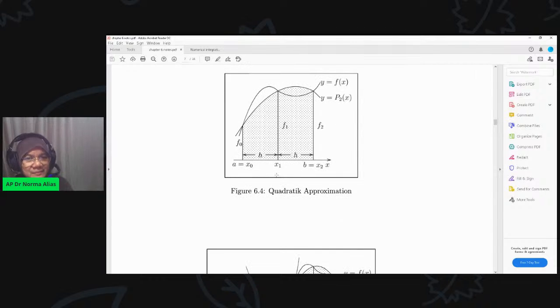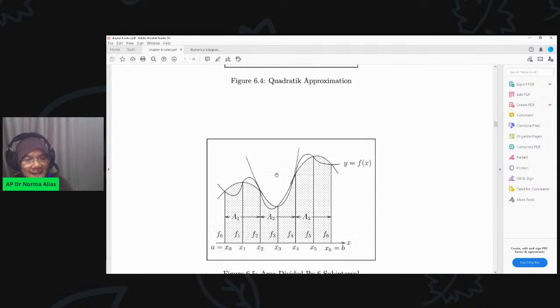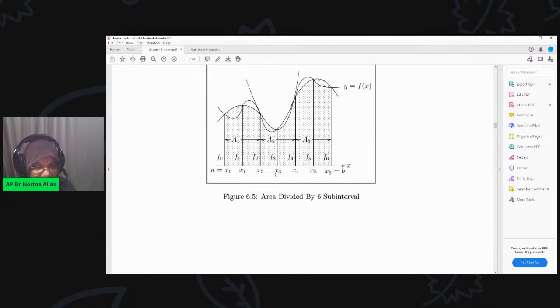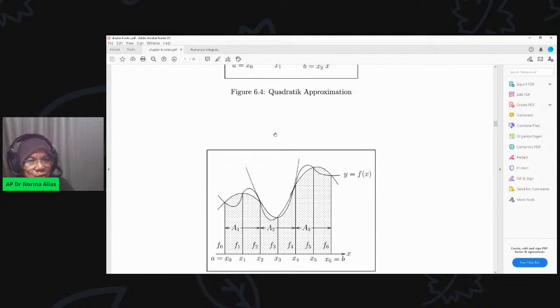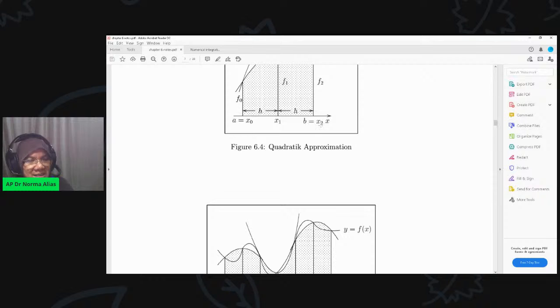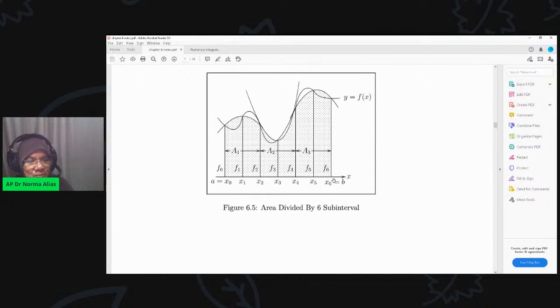However, there is an error between the area under the graph and the area from the quadratic polynomial. So how to reduce it? We apply composite. When we apply composite, a number n is involved. In this case, be careful: because this uses 2 points, x2, n should be even.